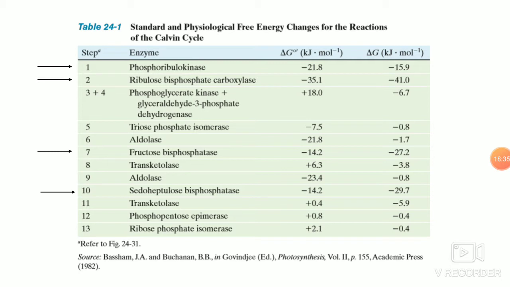The catalytic efficiency of these 4 enzymes has been estimated, and you can see they have high values. The first enzyme, phosphoribulokinase, has a high delta G value per mole, the second enzyme also 41, then the seventh one 27, and then sedoheptulose bisphosphatase minus 29 delta G kilojoules per mole.